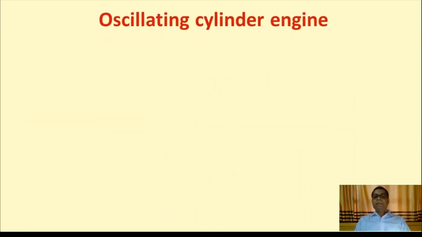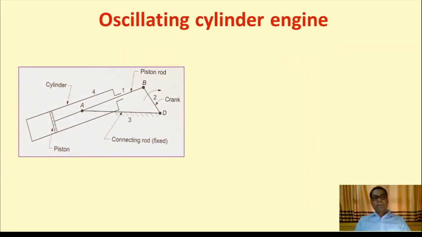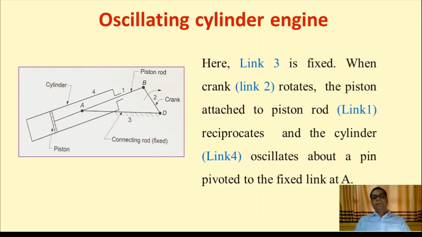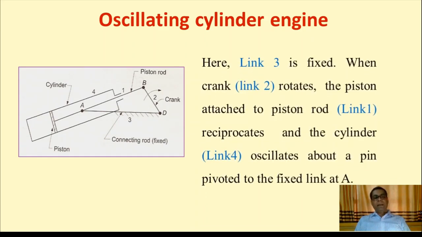Next comes the oscillating cylinder engine. In an oscillating cylinder engine, it is very common that the piston oscillates within the cylinder, but in this oscillating cylinder engine, the cylinder itself oscillates outside the piston. The link 3 over here, have a look, that is the connecting rod, which is fixed.